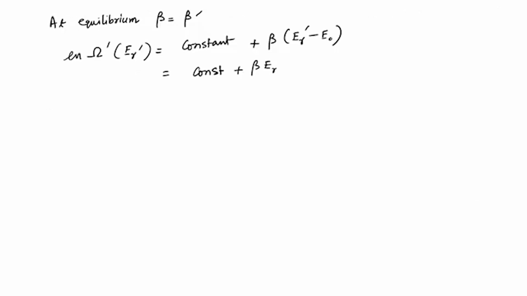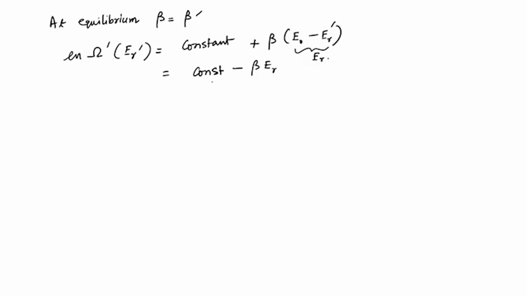This actually went over here as well. So, this is E 0 minus E r prime, and we can take it as minus beta E r, because this is nothing but E r. Okay. So, this is a constant minus beta E r.